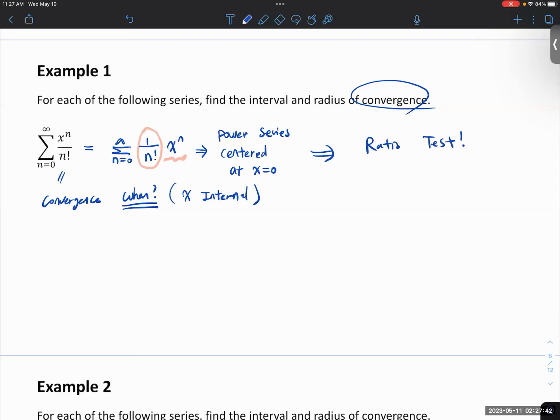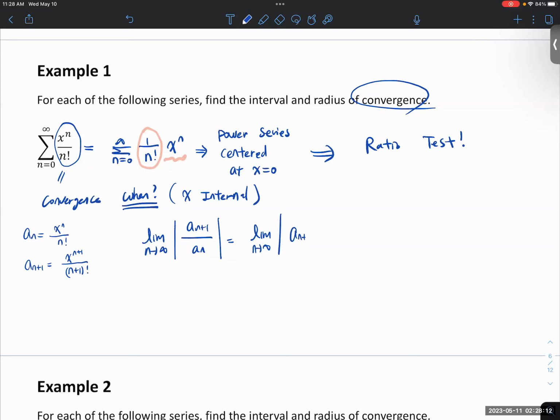We know this is your a_n, x to the n over n factorial, and a_(n+1) is x to the n plus 1 over n plus 1 factorial, correct? So we have that information. The limit as n approaches infinity of a_(n+1) over a_n means a_(n+1) times 1 over a_n.